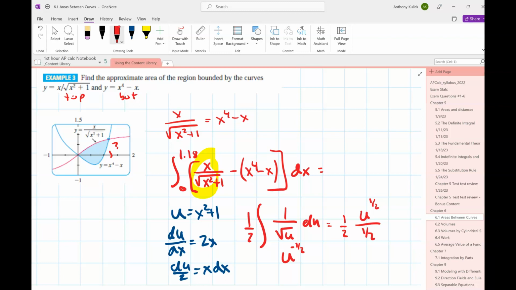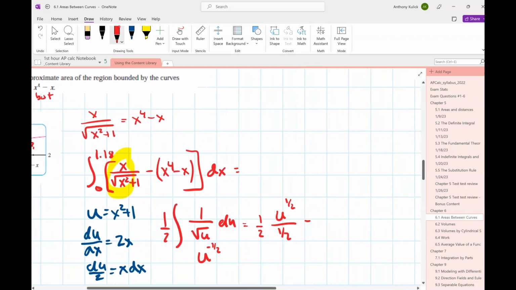So this really just simplifies down to u to the 1/2. So that's going to be x squared plus 1 to the 1/2. I'm going to go ahead and do the substitution back in because I'm just going to do this all in my calculator when it comes time to substitute the 118 in. So it doesn't bother me at all to just put the x back in, you know what I'm saying?